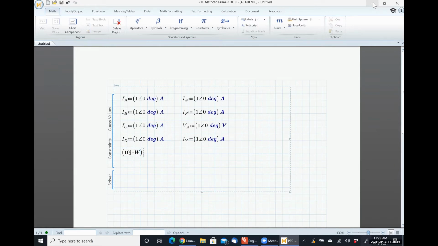I'm getting ohms by typing uppercase W, and then Control-G converts that uppercase W into its Greek equivalent, which is omega. Another thing I'm going to do here is implicitly multiply this impedance by my current, which in this case should be ID, right?